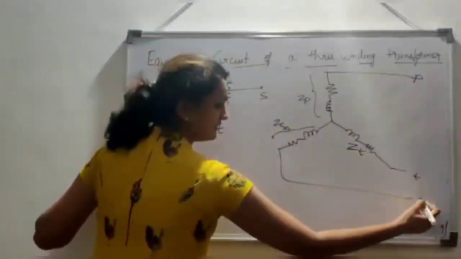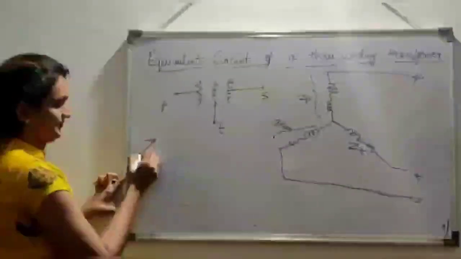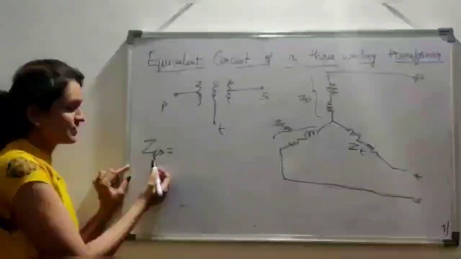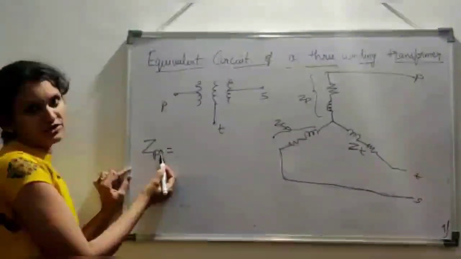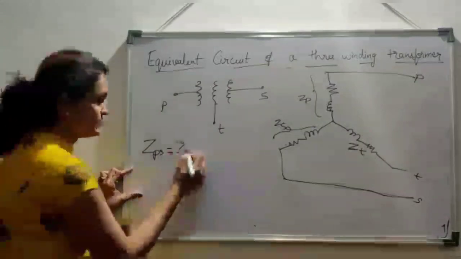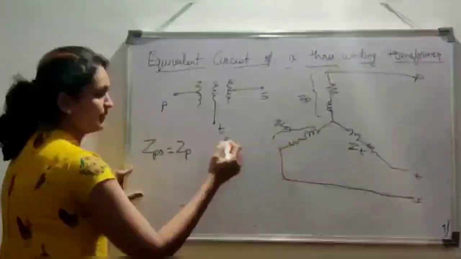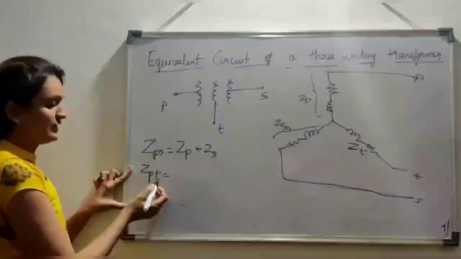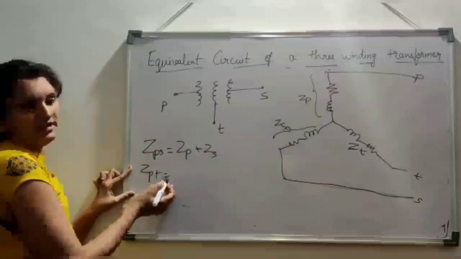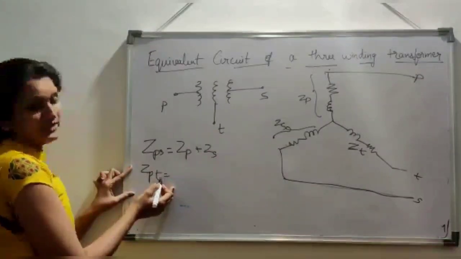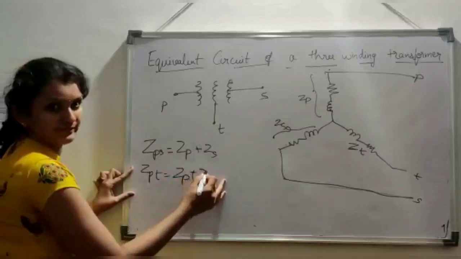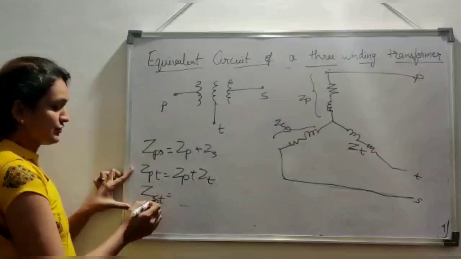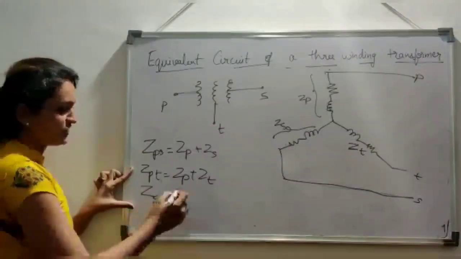So P, and S. ZPS is nothing but the leakage impedance with secondary short circuited and tertiary open. So this is P to S, the impedance, so ZP plus ZS. Next is ZPT. So here tertiary is short circuited and the secondary is open. So ZP plus ZT, and next is ZST. So here the primary is open and tertiary is short circuited.